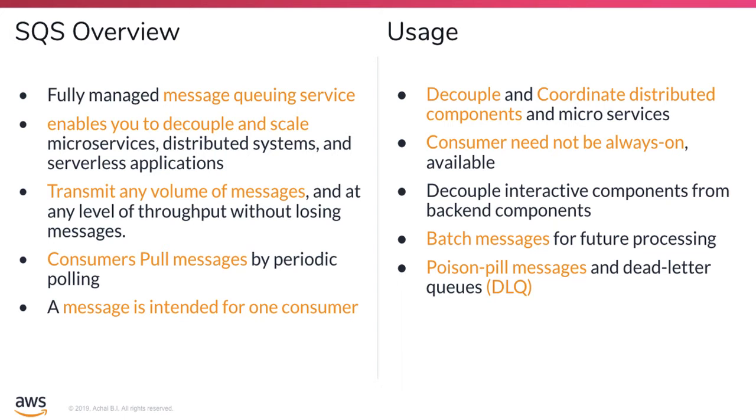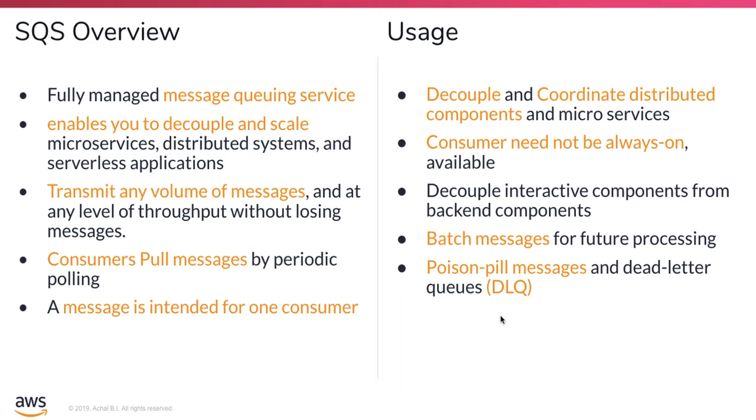The best example that I could give is web servers, which are very interactive in nature, and they could push some of the backend jobs or batch jobs to the backend components. The backend components could take their own time to execute those requests, and do certain operations based on the messages. The other usage, as I told earlier, is batch messaging for future processing.